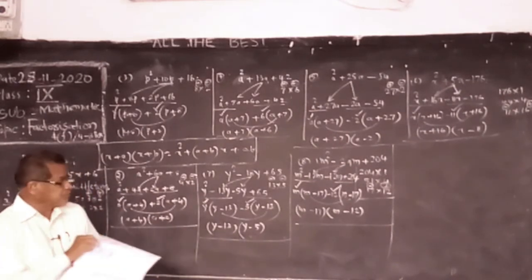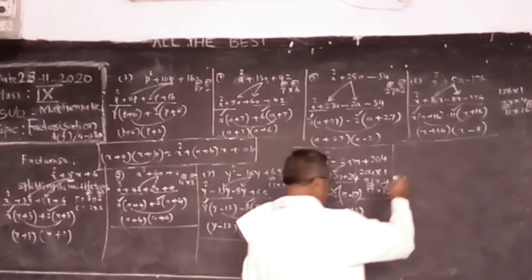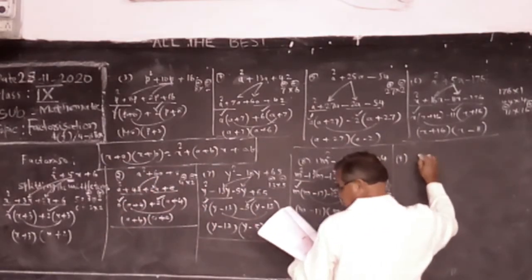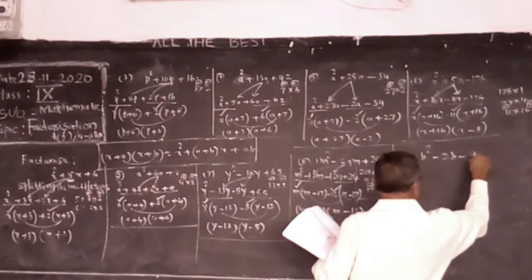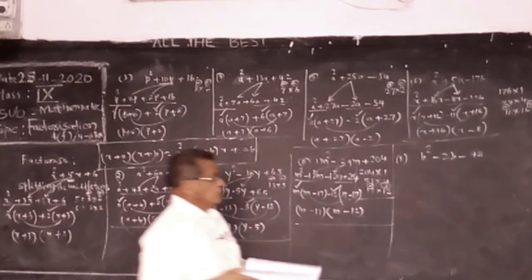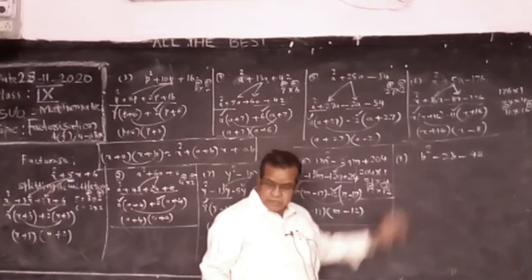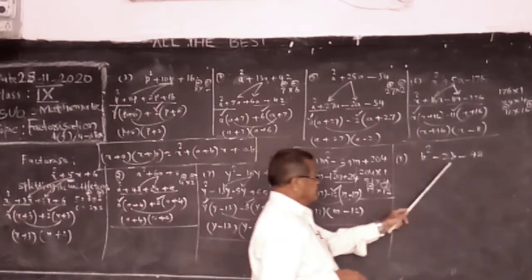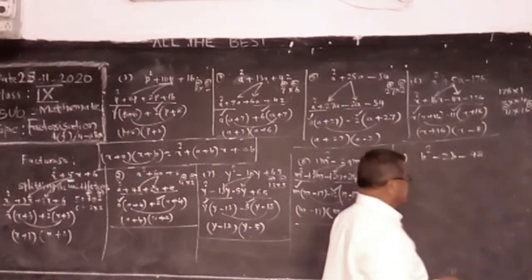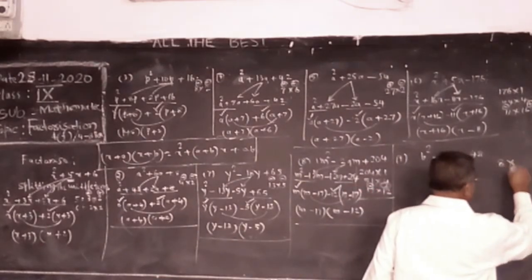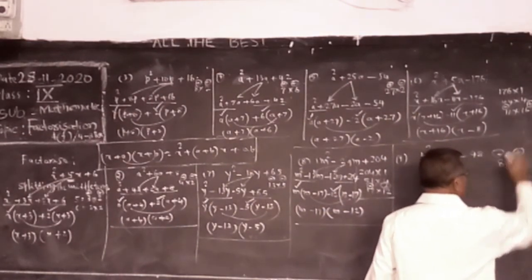Like that, one more. Ninth, b squared minus 2b minus 48. By seeing the numbers, we can say easily we have to split minus 2b. The product is 48, 8 sixes are 48, and here in the middle minus is there, so minus is the bigger one.